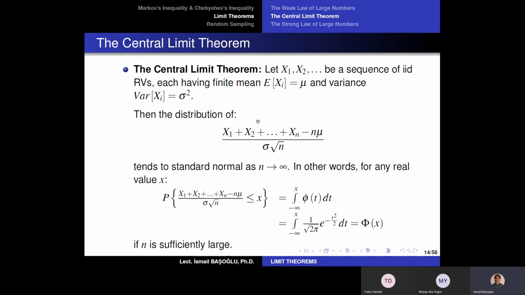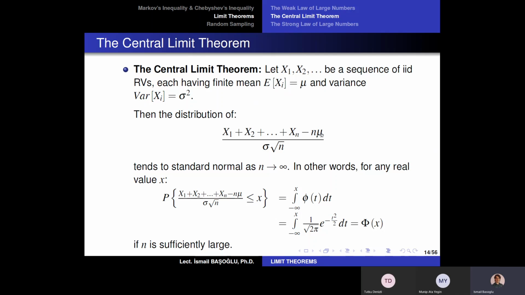Now, we are writing here something very interesting. So what is this thing? We are writing here x1 plus x2 plus so on up to xn, which is the sum of the first n random variables. Remember, each of these random variables has the expected value of mu, and after summing them up, we subtract n times mu from this summation.